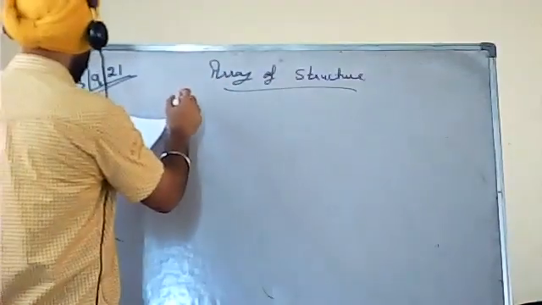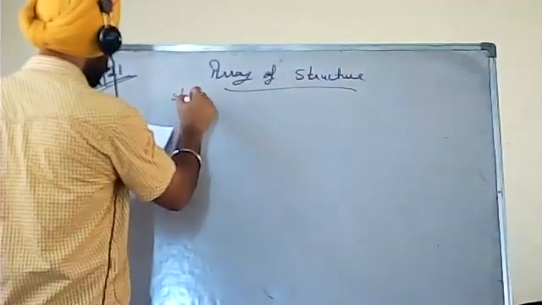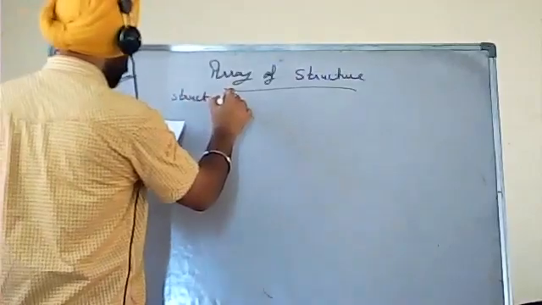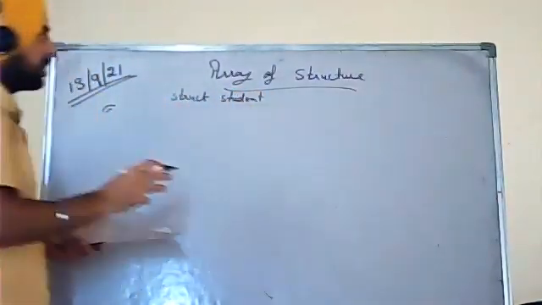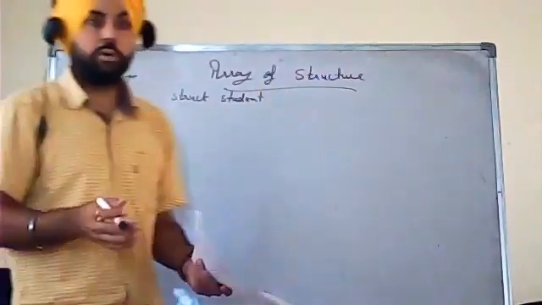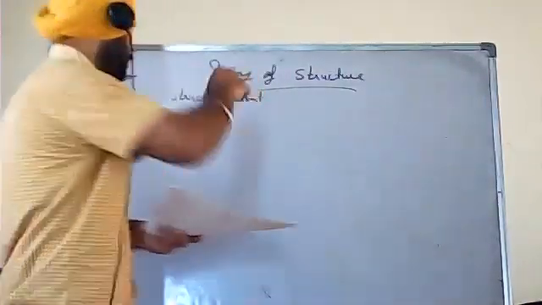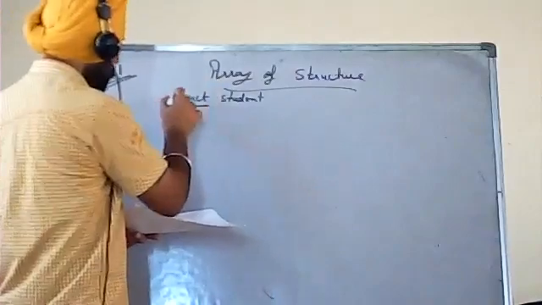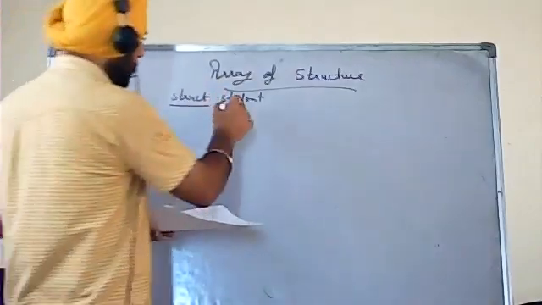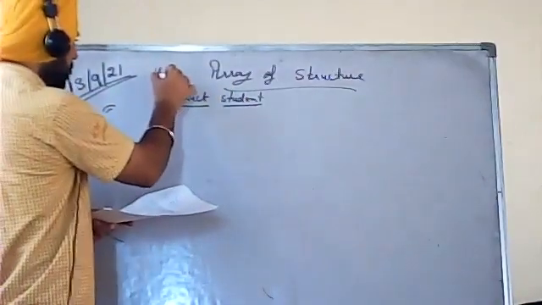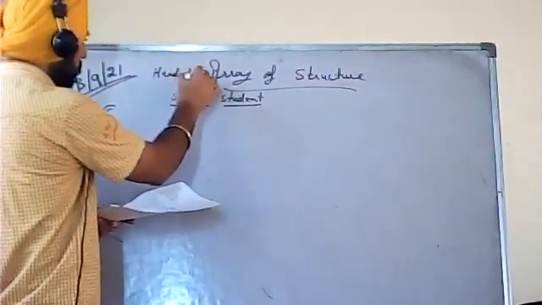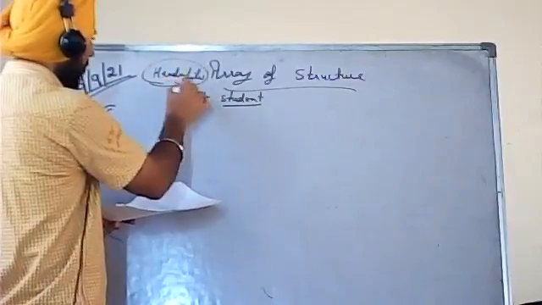I'm going to start with struct, then the name of the structure. Suppose I want to enter n number of students. For n number of students, we first declare the structure. Here struct is a keyword, then after that student. Before this, the header files are there. You just write the header files.